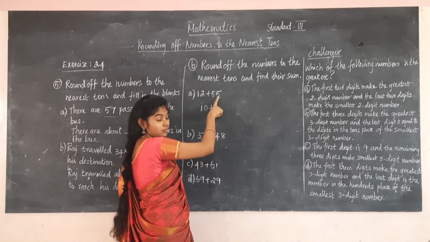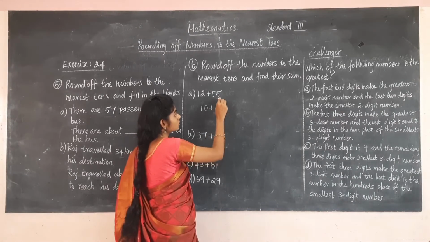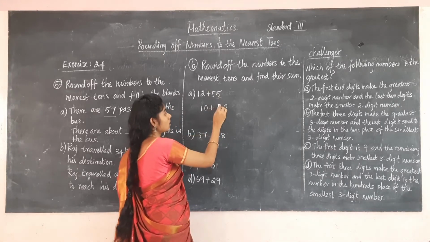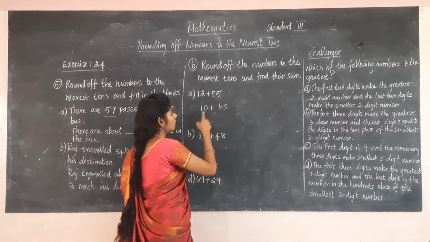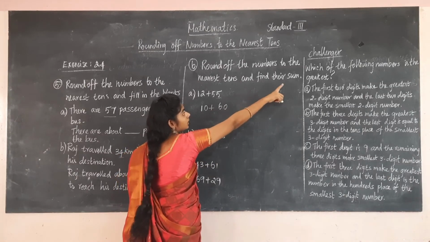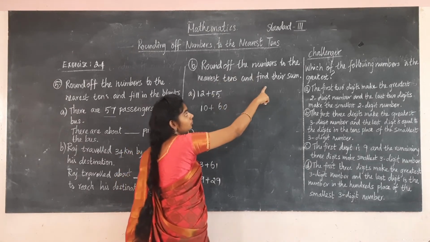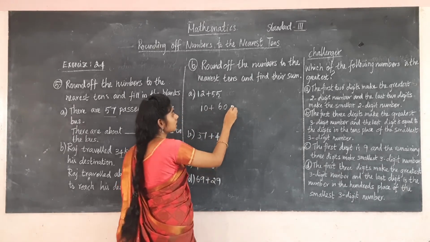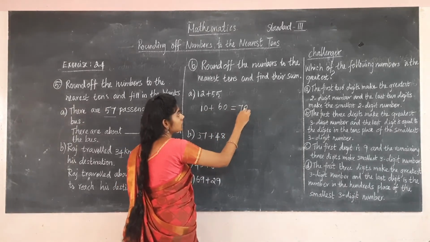More than or equal to 5. So you will be writing 0 in the ones place and adding 1 in the tens place. So 5 plus 1 is 6. After rounding off, you have to find their sum. 10 plus 60 is 70. So the answer is 70.